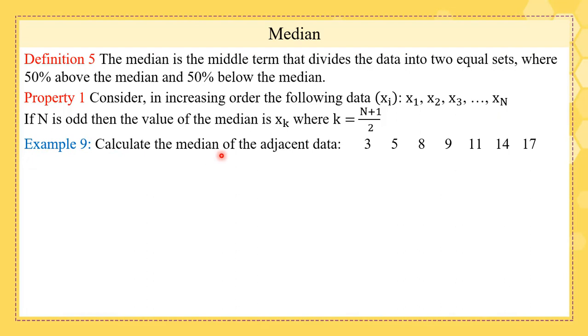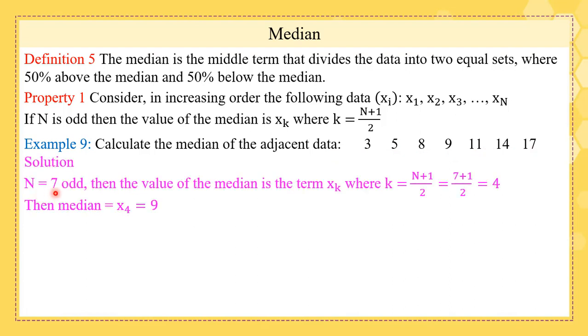Example, calculate the median of the adjacent data 3, 5, 8, 9, 11, 14, and 17. N equals 7, the number of given values is 7, it's odd, then the value of the median is the term xk, where k equals (n plus 1) over 2, (7 plus 1) over 2, which is equal to 4, then median equals x4 equals 9.